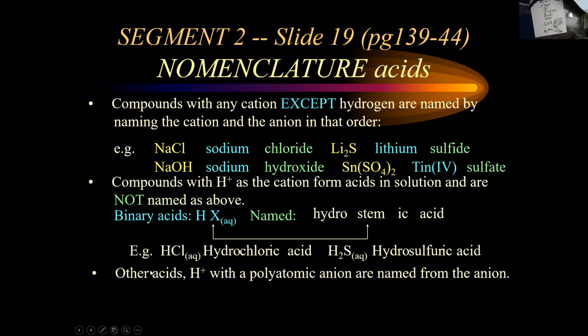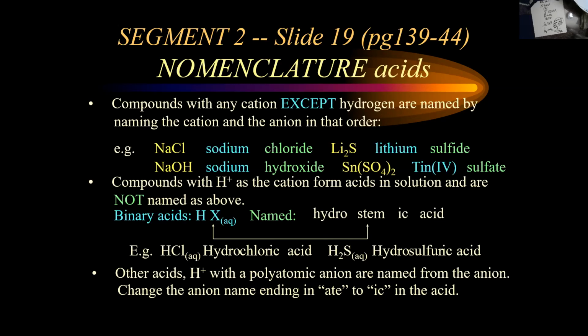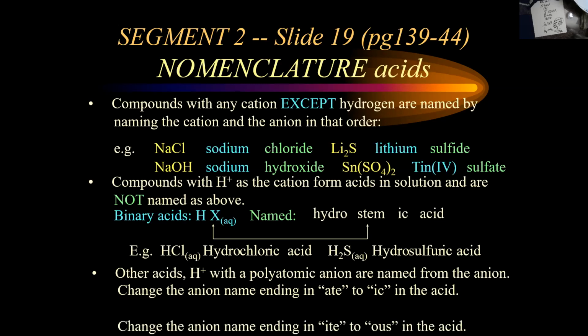Okay. The other acids are with the polyatomic anions. And if you've got ATE in the name of the polyatomic anion, when you make an acid from it, you change the ATE on the ending to IC and then add the word acid.